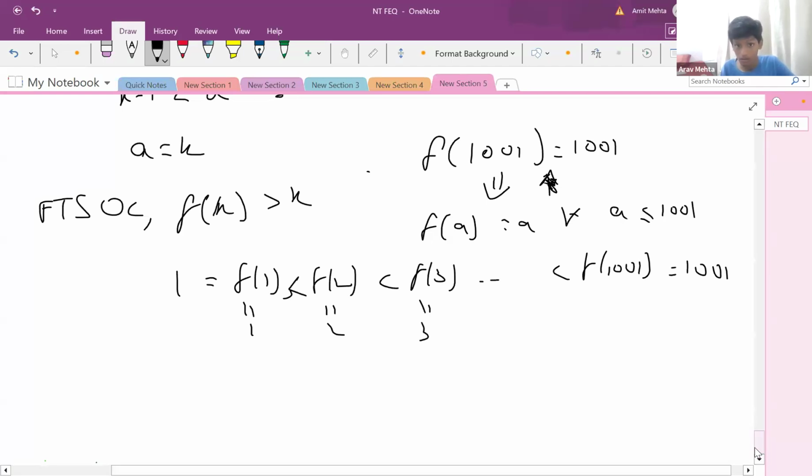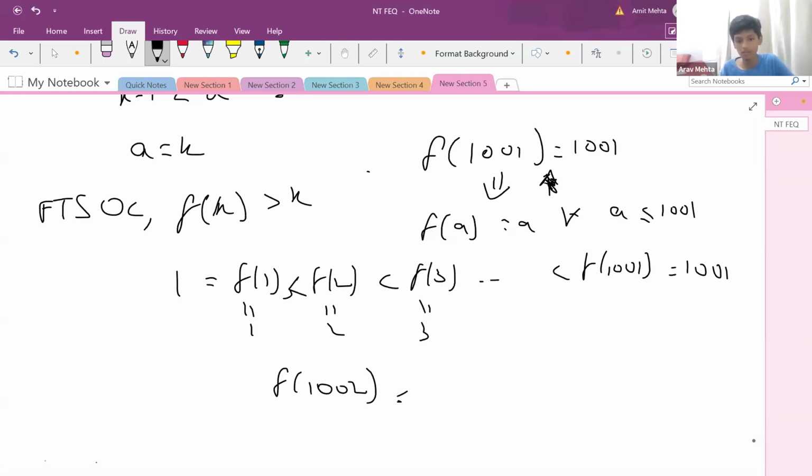Okay. So the problem with this is that f of 1001 is 1001, sure. But then after that, f of 1002 might be some random value, 1013 or something. So we want such checks to be periodic.